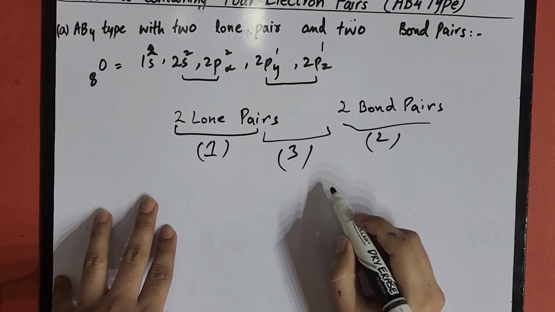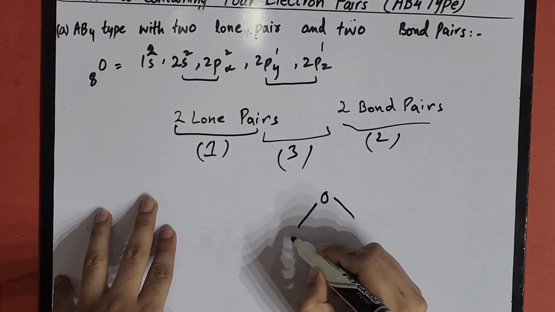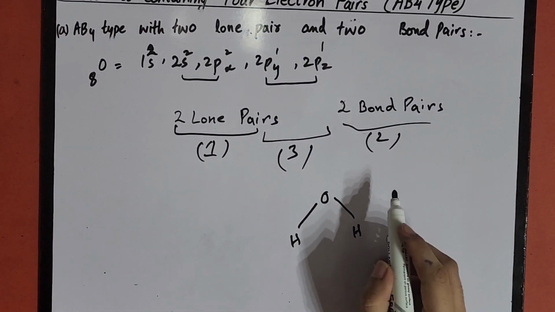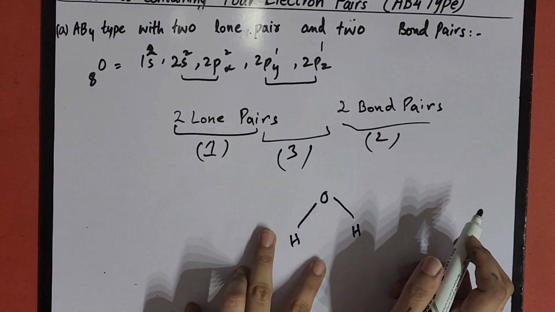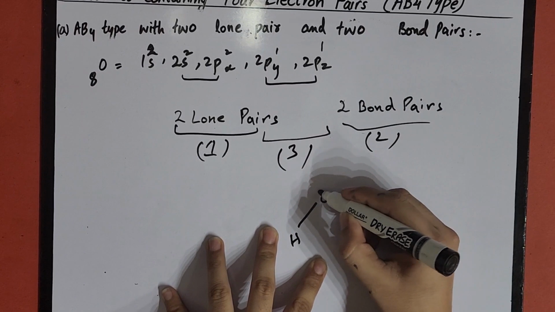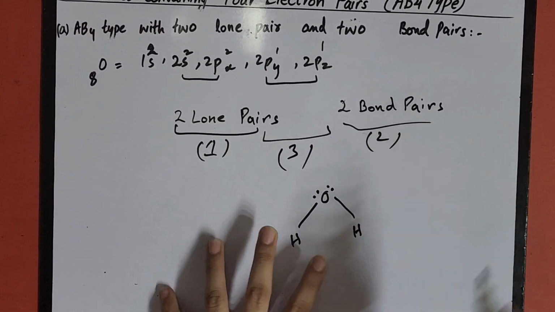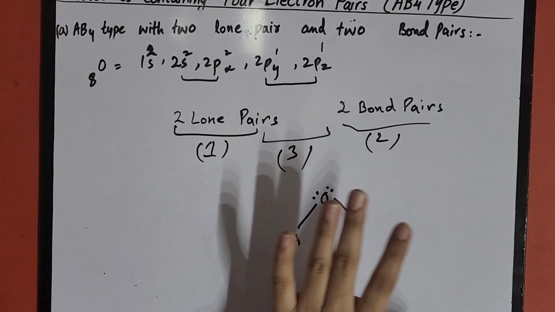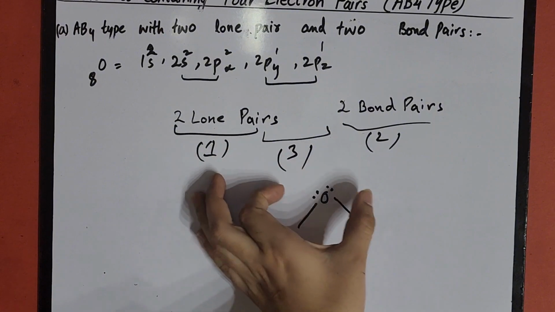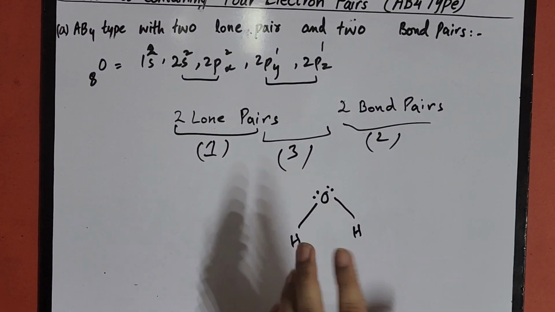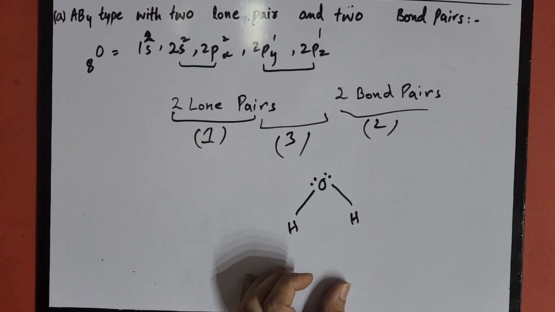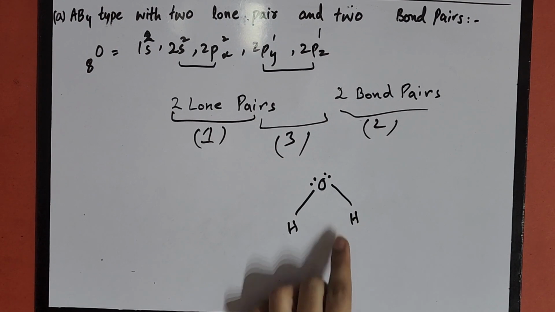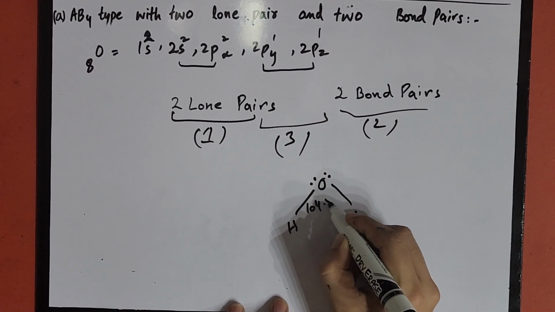If I draw its geometrical configuration, an oxygen element and two hydrogen elements are attached with this, and two lone pairs are present. These two lone pairs repel each other at the maximum, and they tend to occupy more space than the bonded pairs. So the bonded pairs will shrink and come closer to each other. The angle between the two bonded electron pairs will become 104.5 degrees.